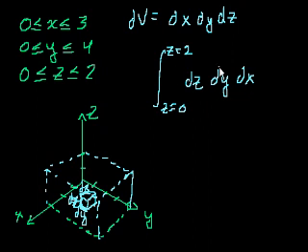So this integral, as I have written it, will figure out the volume of a column given any x and y. It'll be a function of x and y, but since we're dealing with constants here, it's actually going to be a constant value. It'll be the volume of one of these columns, so essentially it'll be 2 times dy dx, because the height of one of these columns is 2, and its width and depth are dy and dx.